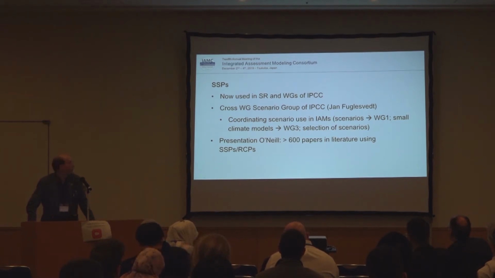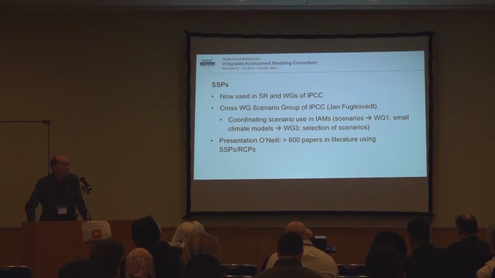That scenario working group is trying to coordinate scenario use among the different working groups of the IPCC. For instance, it's trying to ensure that scenarios are available for working group 1 to be used, but it also tries to ensure that small climate models can be used by us to combine our scenarios and then also calculate climate impacts.